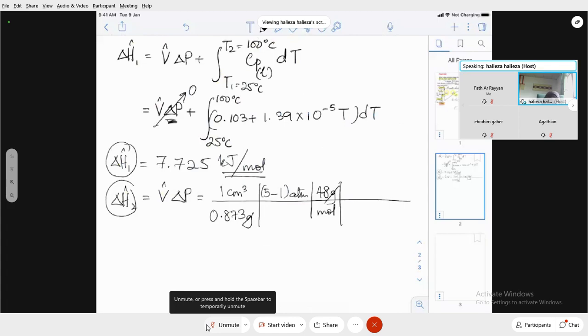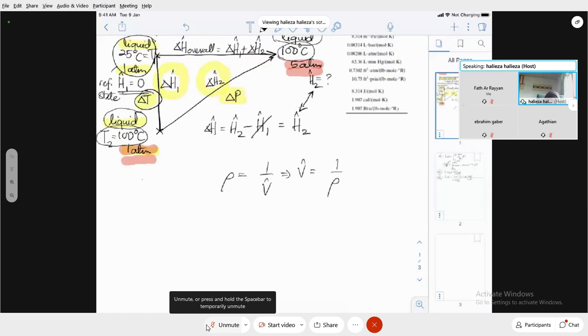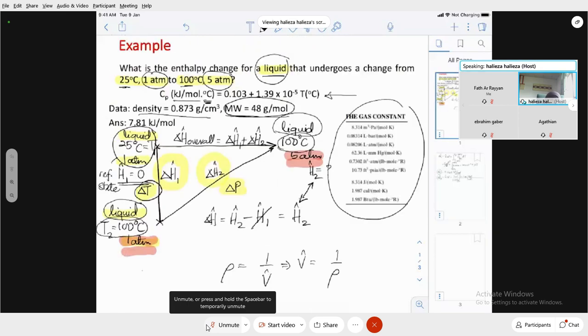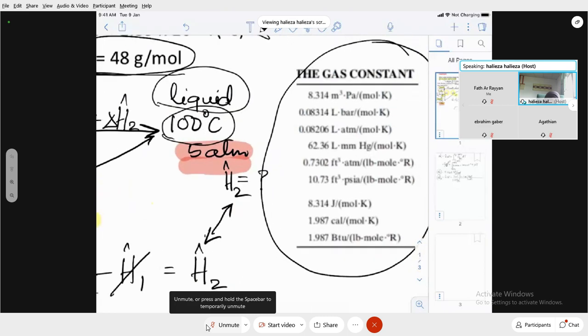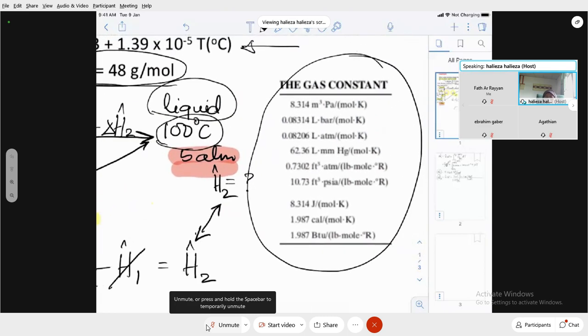If you look at the equation I have over here, I have this gas constant. You need to use the gas constant as your conversion factor. Remember when we did chapter 7, we used the gas constant as a conversion factor. I need to cancel off the atm.